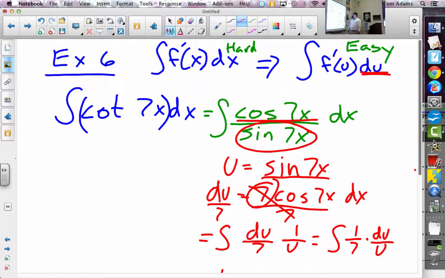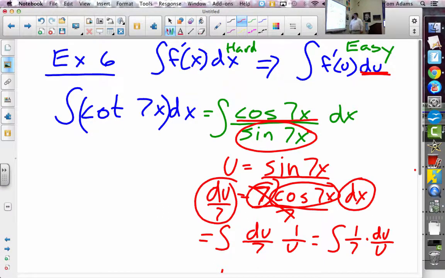Then when I differentiate that, I get 7 cosine of 7x. However, there's no 7 here. So I want to substitute only cosine of 7x, plus the dx, right? That means I need to move my 7 to the other side of the equal sign. How do I do that? Divide both sides by 7.